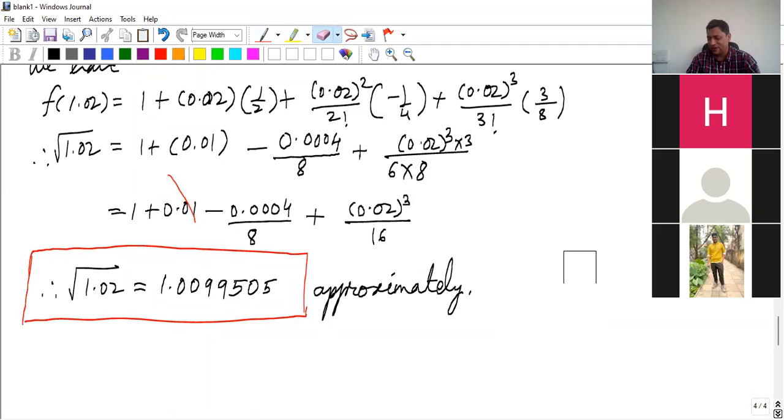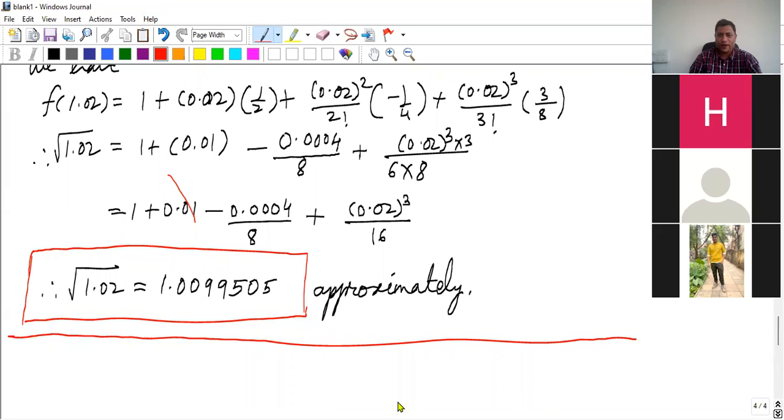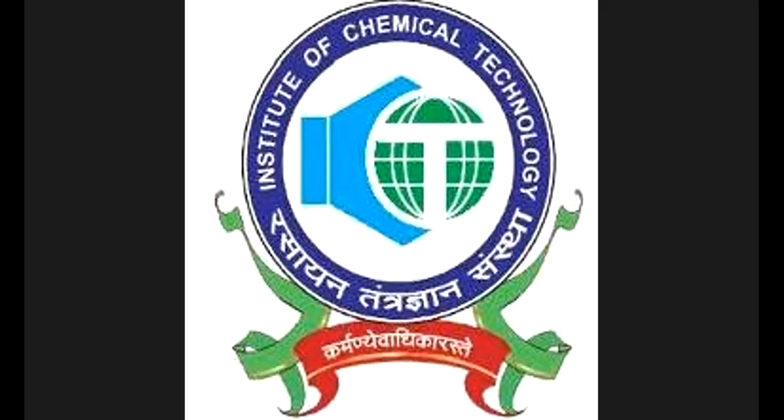So Taylor series is not just an expression to write in terms of x and powers of h, but actually it is a very useful tool. Is there any doubt up to here?